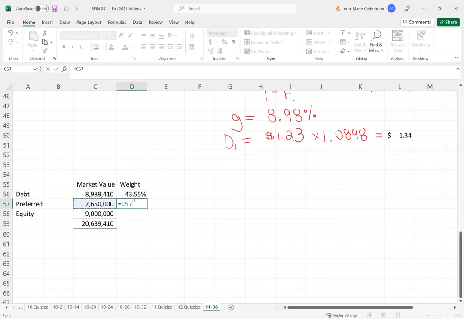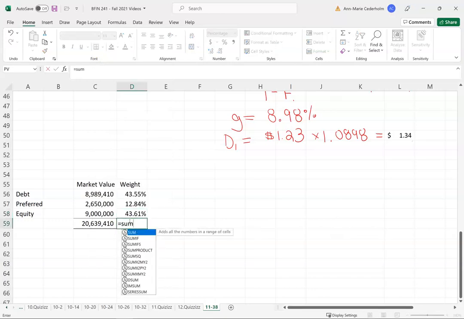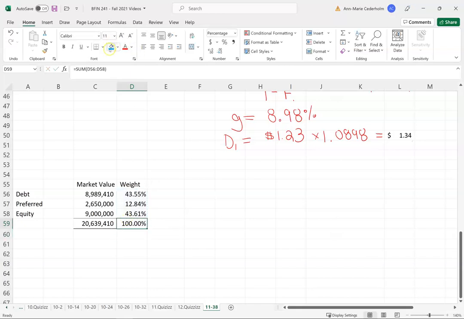If I do 2,650,000 divided by 20,639,410, that gives me 12.84%. And if you take 9 million and divide that by 20,639,410, that gives me 43.61%. So if I add all those together, it has to equal 100%, which it does.